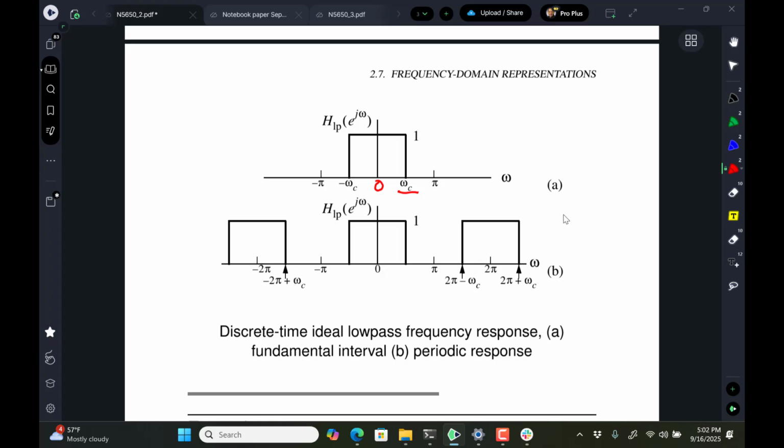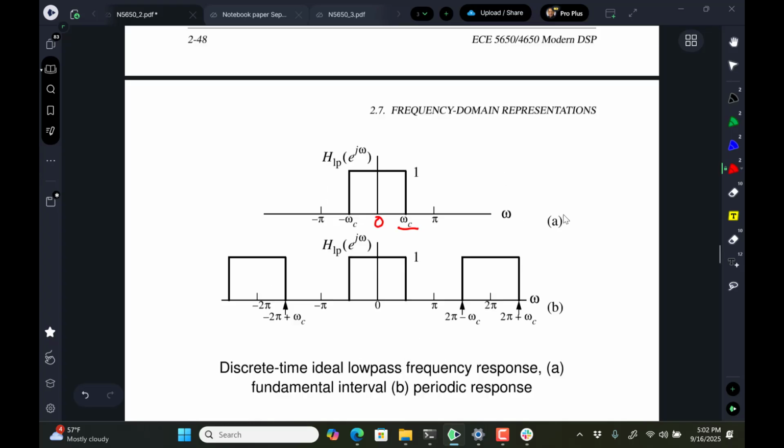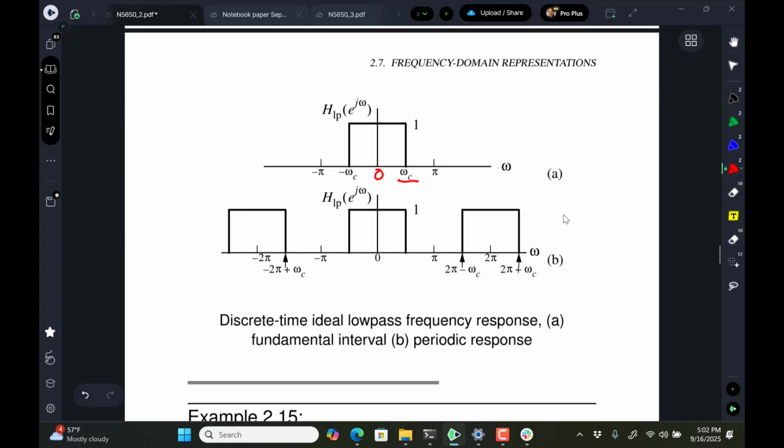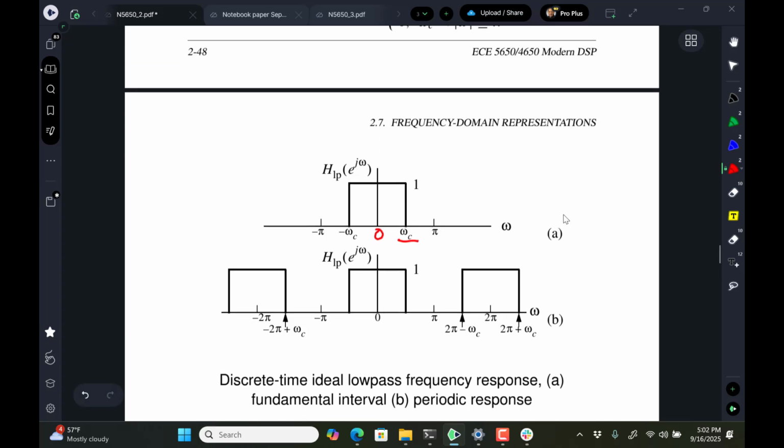We just have this periodicity showing up, and that's all I'm after here. When we get into sampling theory in Chapter 4, we'll see how we could screw up in trying to convert an analog low-pass filter to a digital low-pass filter if its cutoff frequency turns out to be higher than pi, which is like the folding frequency, and we'll get back into talking about that.